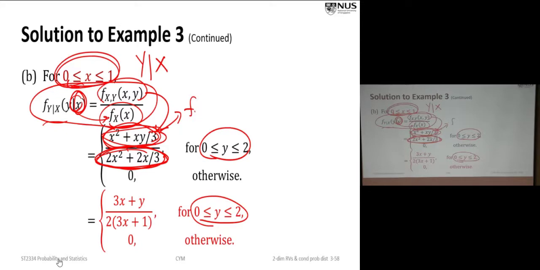This is f of x,y, and only valid for x between 0 and 1 and y between 0 and 2. So therefore, this expression is valid only for x between 0 and 1 and y between 0 and 2. And after we simplify it, it's like this. So you can see that the conditional distribution is equal to this expression, which involves x and involves y.